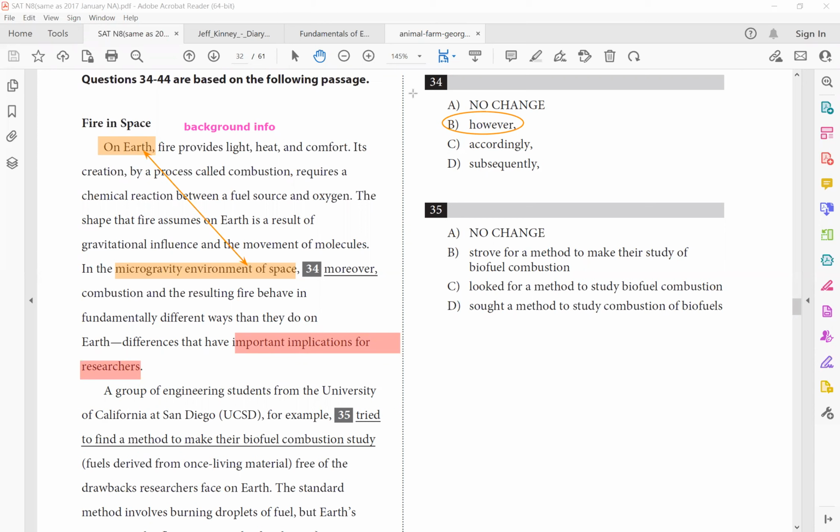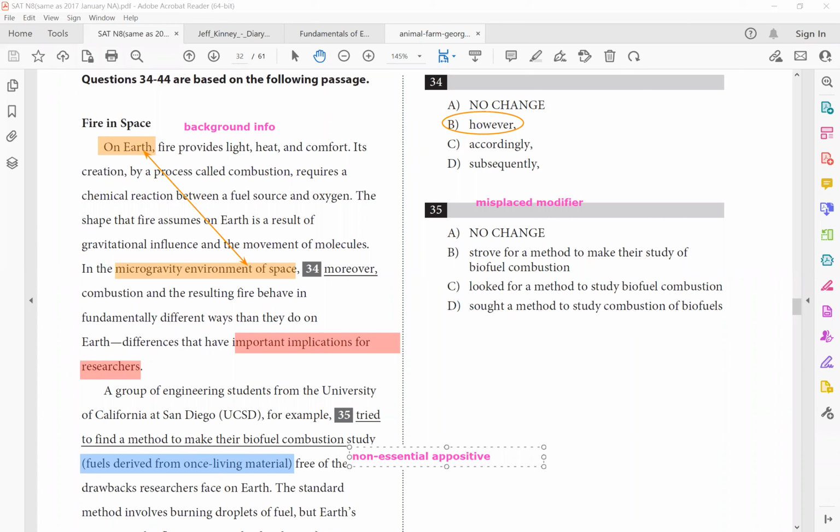For 35, this is actually quite tricky, but it is testing us on the rules of misplaced modifiers. If you recognize the modifier in this case, the thing in parentheses, that is our non-essential appositive.